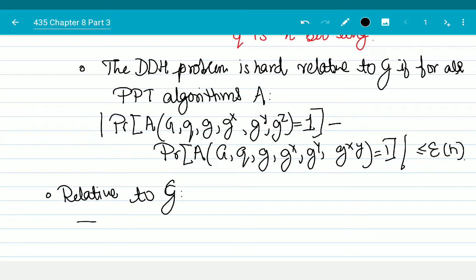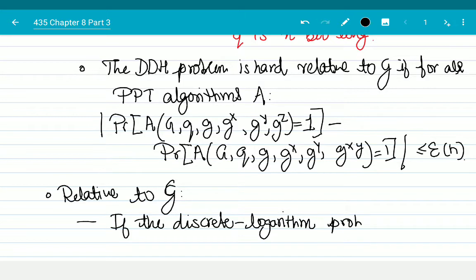And this is a bit easy to see. If the discrete logarithm problem is easy, then the problem is easy.